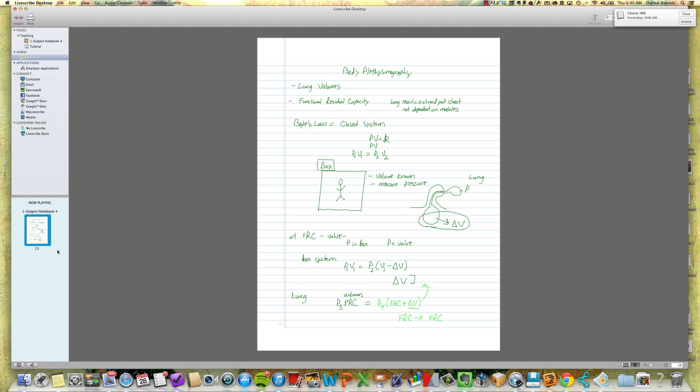And so that is equal, after you closed the valve, to the new pressure times the new volume, and the new volume is the functional residual capacity plus the change in volume. So what you can do here is substitute the change in volume that you just calculated from up here, and with the substitution, you are able to calculate the functional residual capacity. So this is how you use body plethysmography to calculate functional residual capacity.